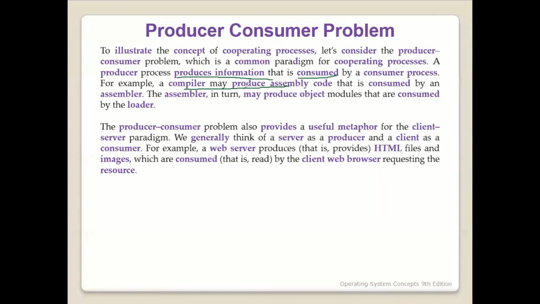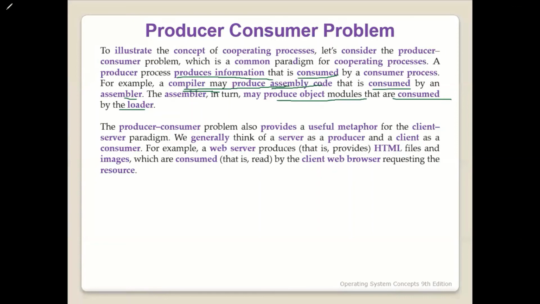So compiler takes your source program and produces the assembly code, and that is consumed by the assembler. The assembler takes that assembly code and produces the object program, and that will be consumed by the loader. So producer is the one producing some data or information, and consumer is the one consuming that information. So if you want to understand the cooperating process, you just understand the producer consumer problem.